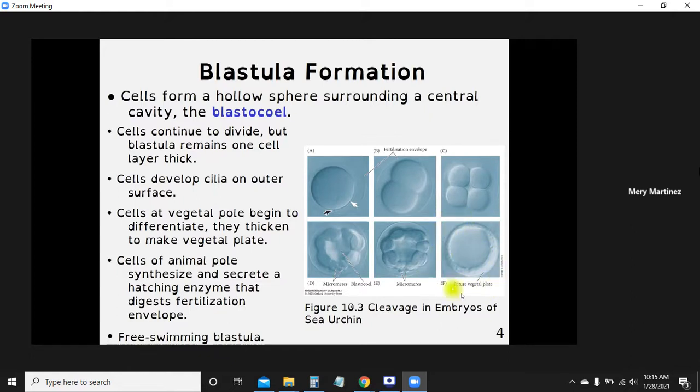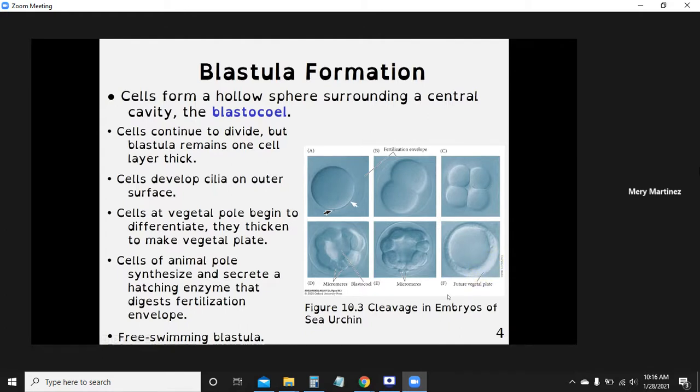The cells located at the vegetal pole, and we know that is the vegetal pole because we have the micromeres, start to differentiate. Here we see again the micromeres, and this is the position where those micromeres were.